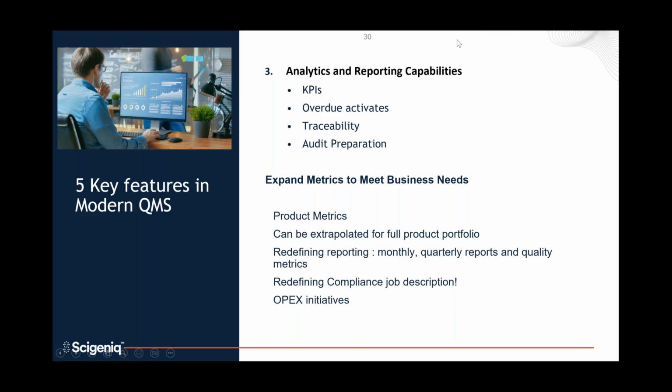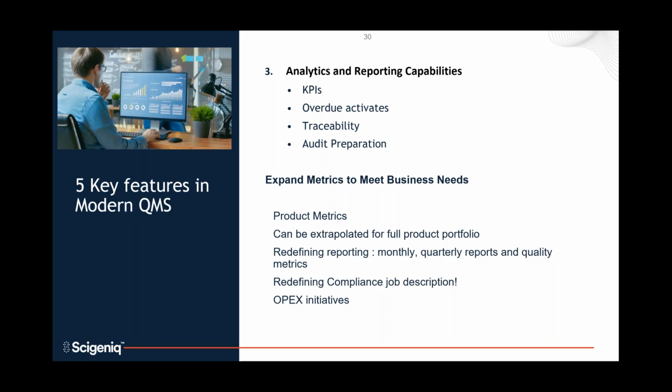Okay. So the next important feature is basically analytics. We discussed it. You need to monitor your KPIs. You need to monitor your overdue activities. You need to have better traceability. As we just discussed, audit preparation becomes much easier when you have an electronic system in place.